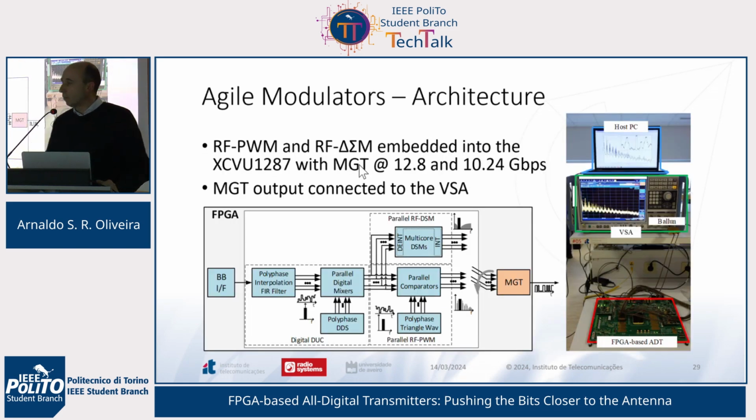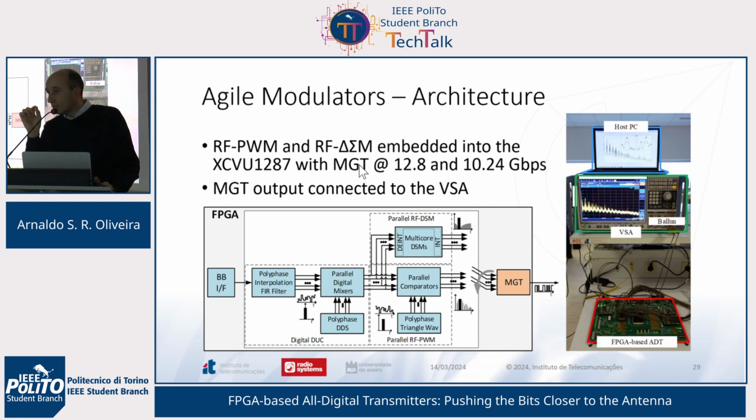This is the block diagram of our setup. Again, the baseband is always the same, typically in our case a QAM, OFDM, some kind of representative baseband. Then we have the polyphase interpolation that will allow us to generate multiple phases for the same signal. Then we place the parallel digital mixer that basically performs the up conversion.